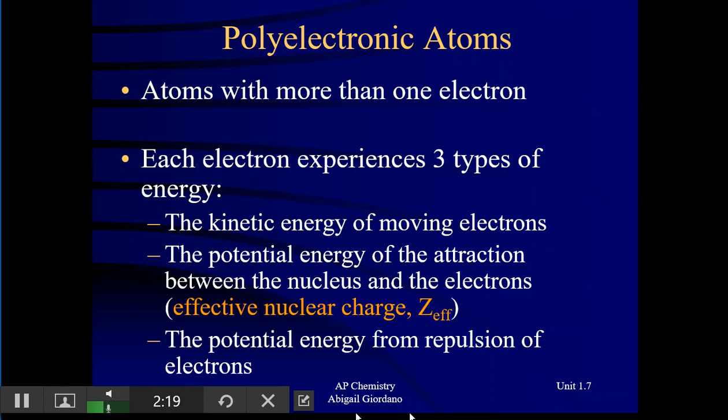That attraction has a name. It's called the effective nuclear charge, and you can abbreviate it with its variable, a capital Z, EFF, for effective. All right, so we're going to talk about the trend for effective nuclear charge, and again, if you can understand that, then you can understand everything.